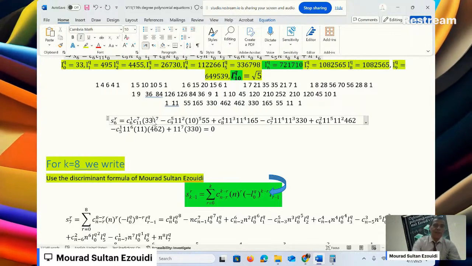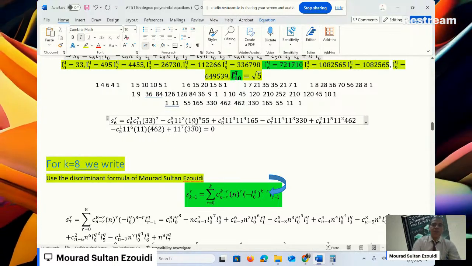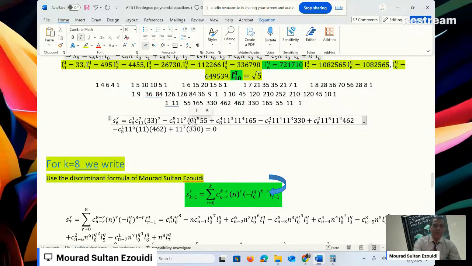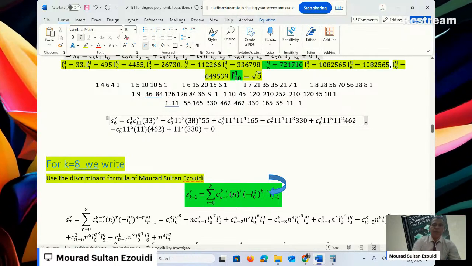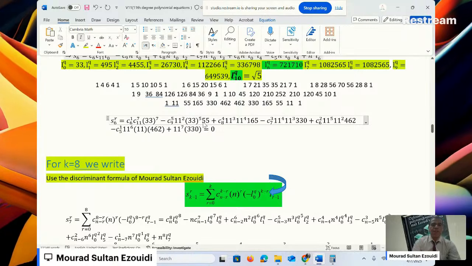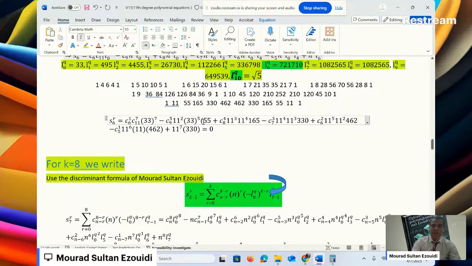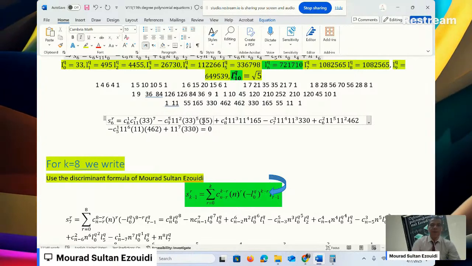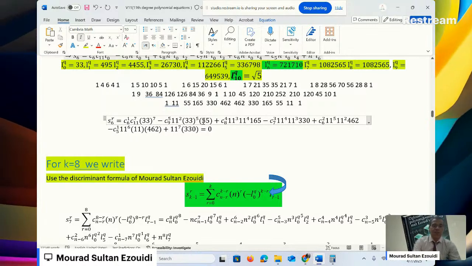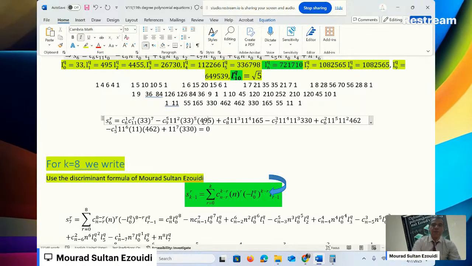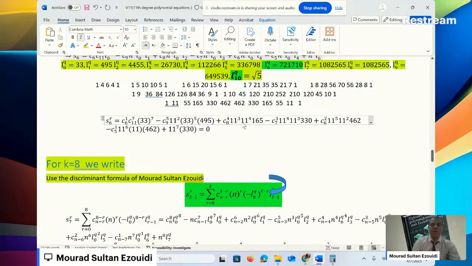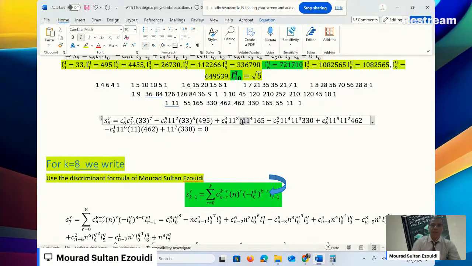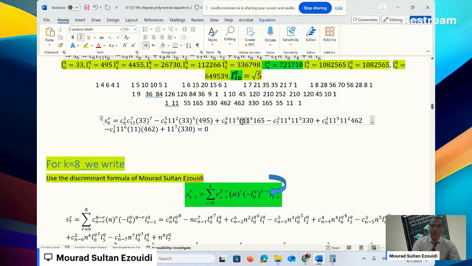This one with 33. Of course, I'll make parentheses better. This is 495, I'll make parentheses, 6. This is 33.